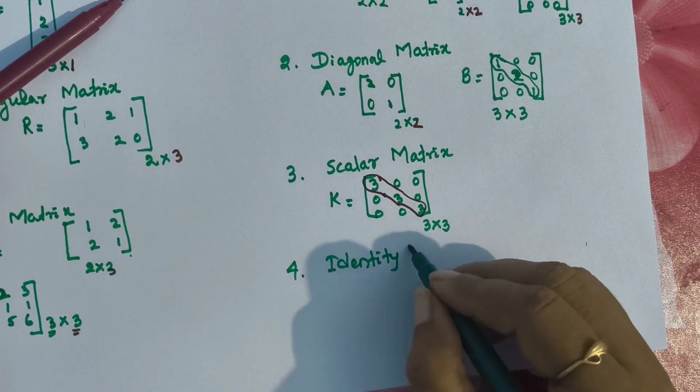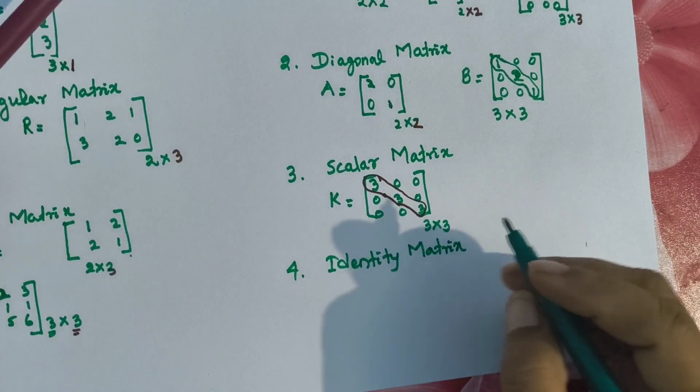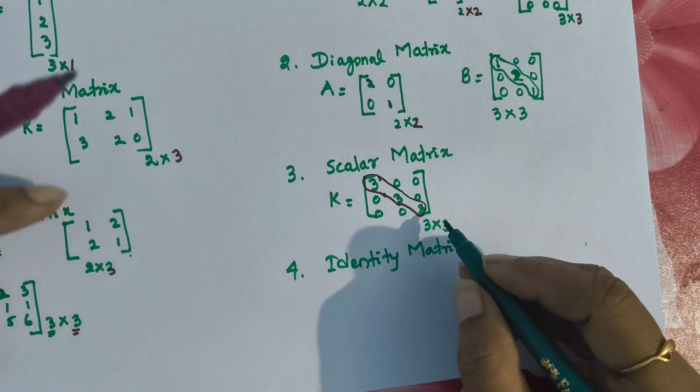The fourth matrix we are studying is the identity matrix. Remember, an identity matrix is a diagonal matrix. It is also a scalar matrix, but the value is 1.